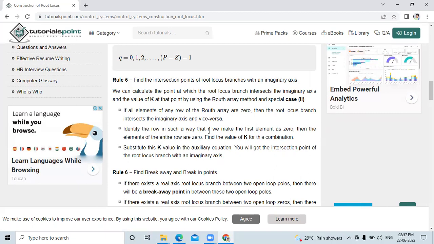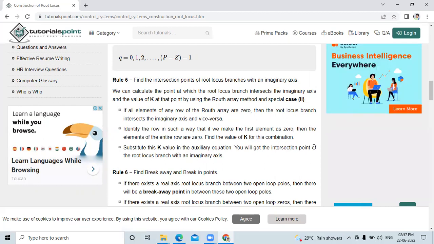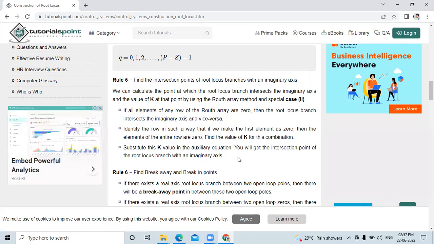Identify the row in such a way that if we make the first element 0, then the elements of the entire row are 0. Find the value of K for this combination. Substitute this K value in the auxiliary equation. You will get the intersection point of the root locus branch with the imaginary axis. We shall discuss how to find the value of K in the problems.